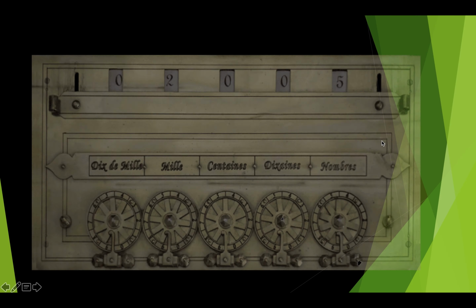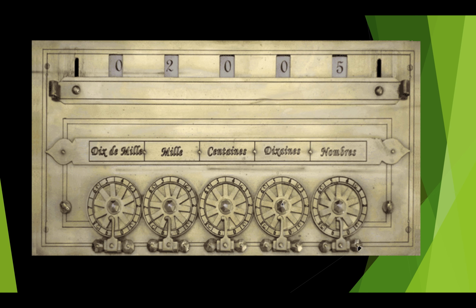You can see here a clear picture of Blaise Pascal's Pascaline. On the top of the calculator, you can see here 0, 2, 0, 0 and 5. Those are what are called output windows.